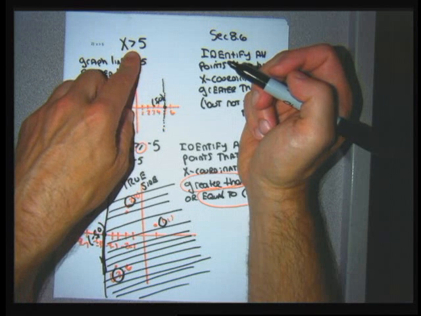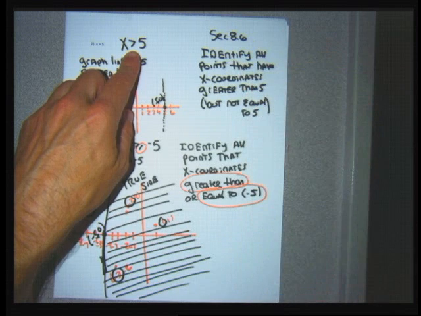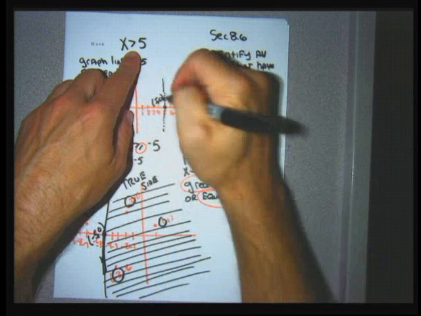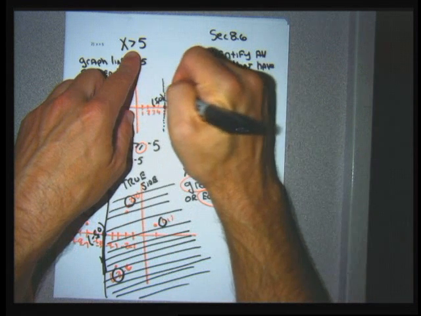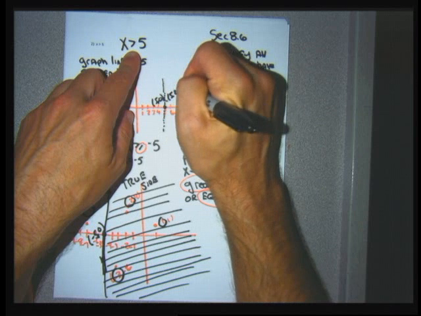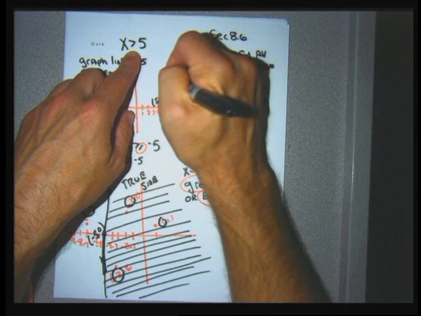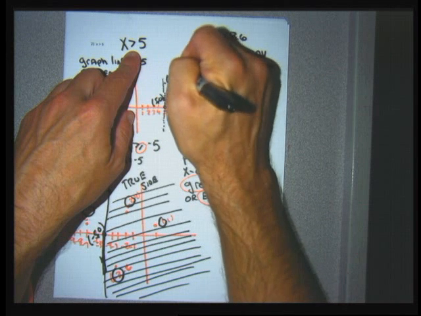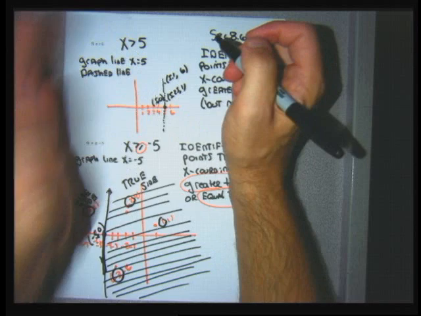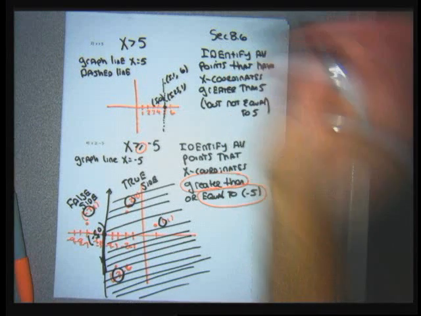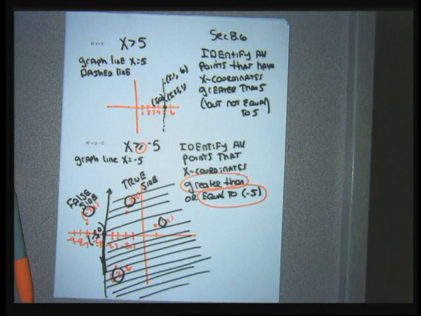But any point to the right of this line, like maybe the point (5.25, 1) or the point (5.1, 6), is going to have an x-coordinate greater than 5, even right up to the line.